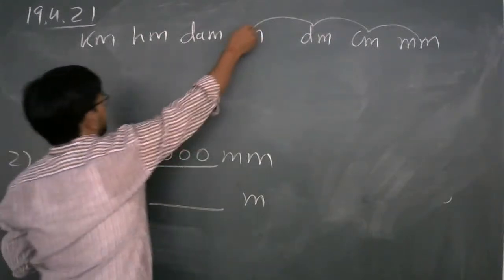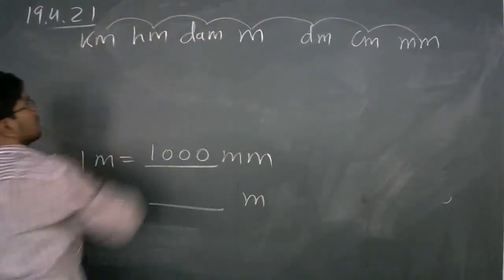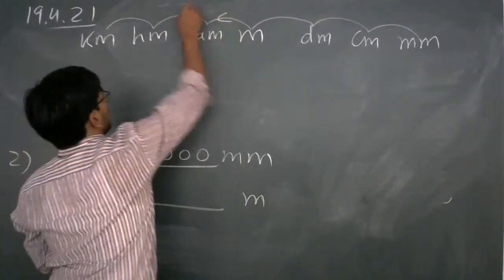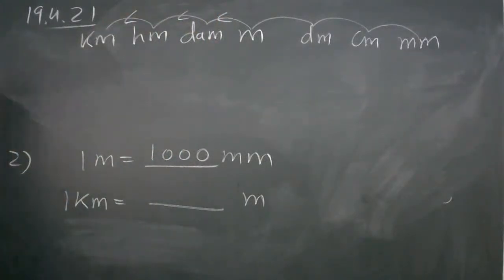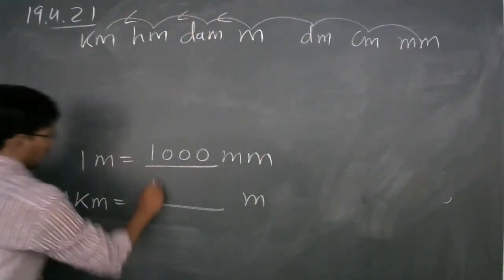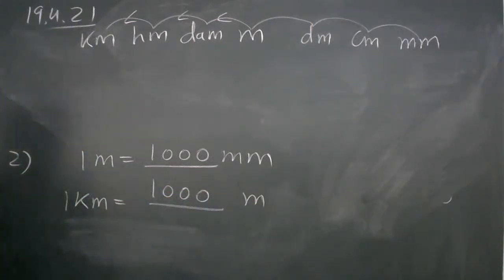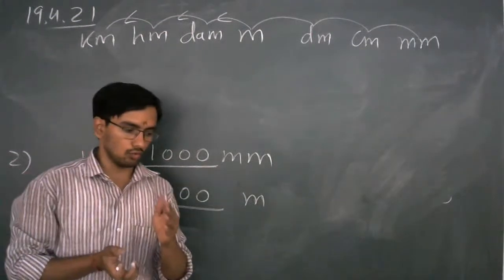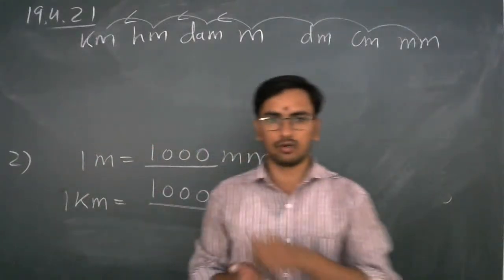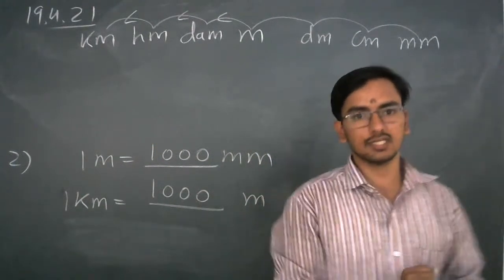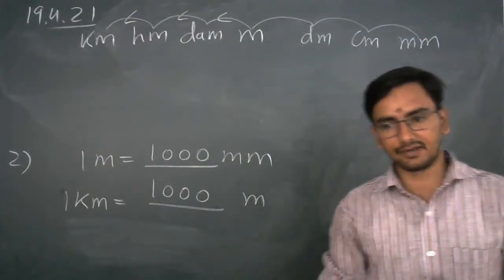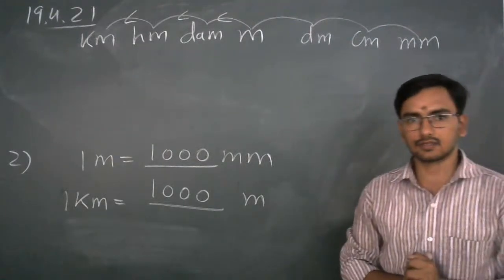Same way from meter, we have to jump 3 times. So we know that 1 kilometer is equal to 1000 meter. 1 kilometer distance, I think all of you know when you were there on the ground. Yes, in our sports day competitions, we have 100-meter race, 400-meter race.